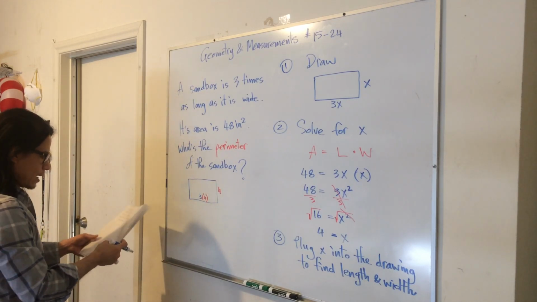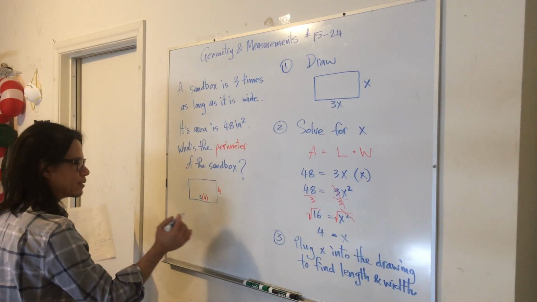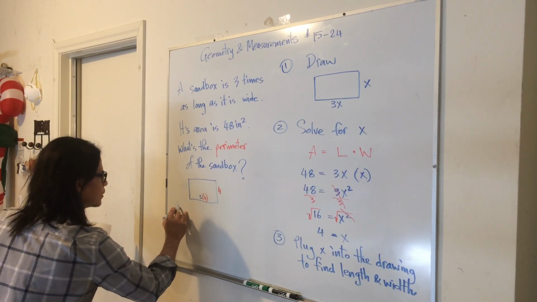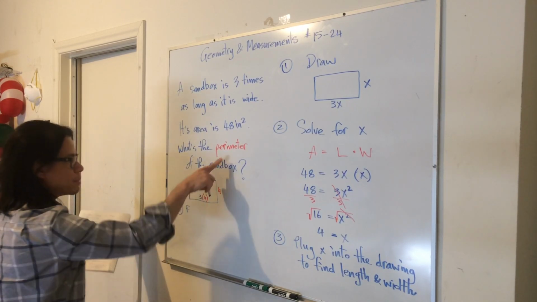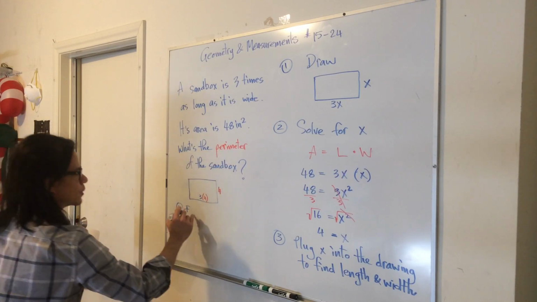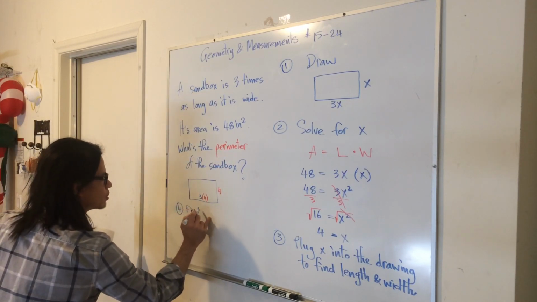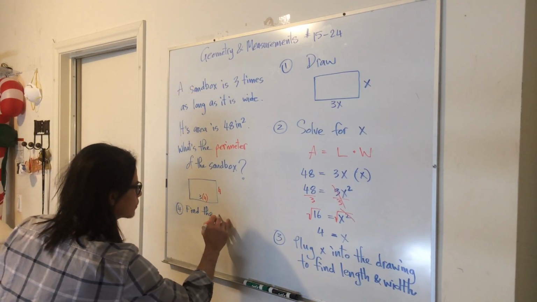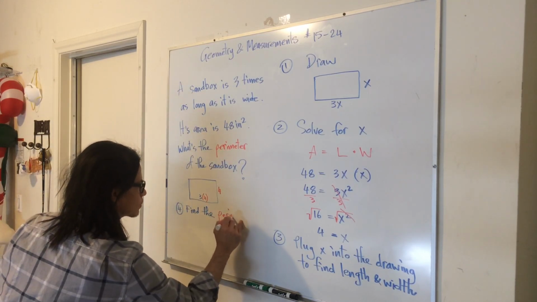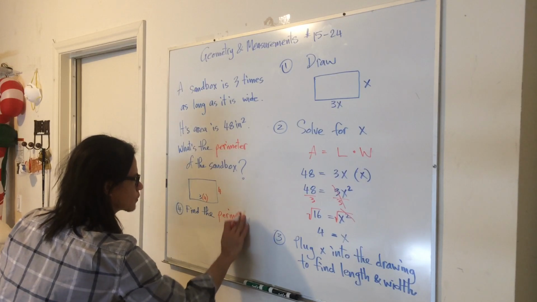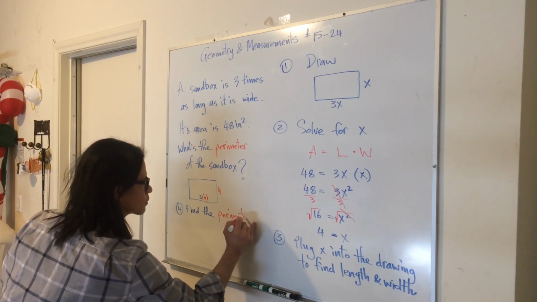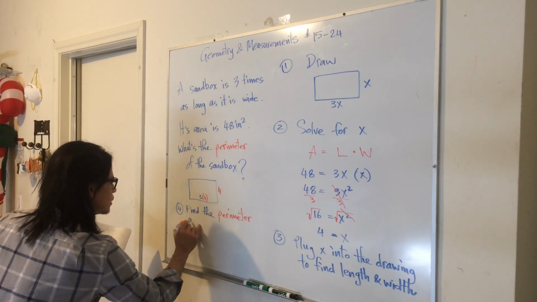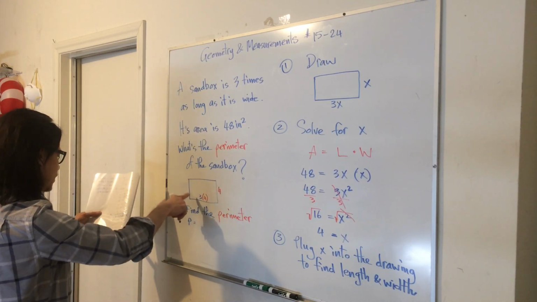Now we can find the perimeter. Step 4, find your perimeter, which is what the question is asking for. Using the formula, P is equal to all the sides added up together.